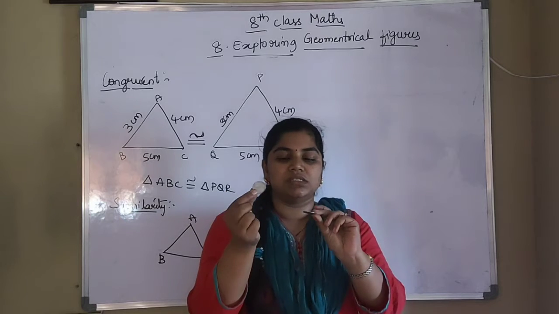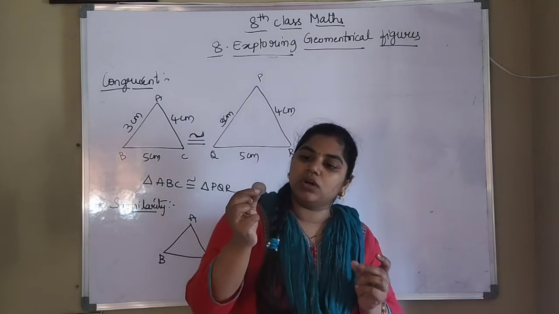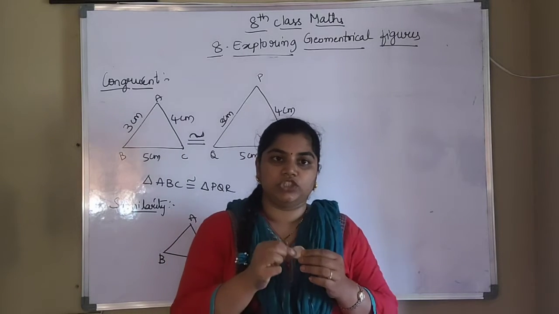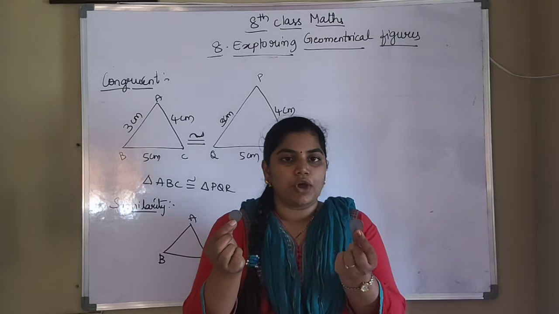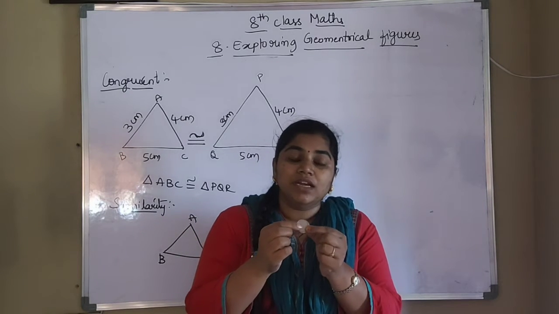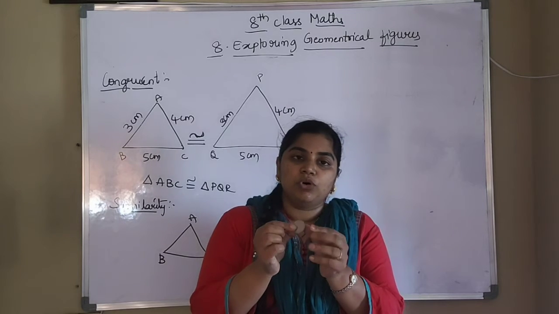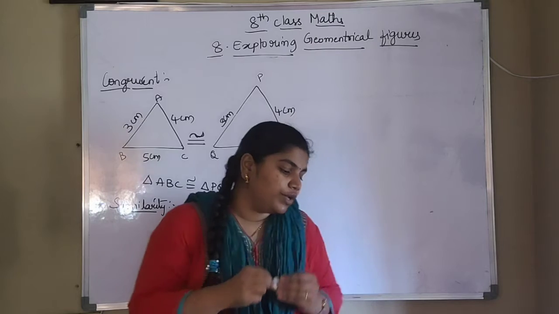This is small and this is big. These two coins are similar to each other because the 1 rupee coin is the small one and the 2 rupees coin is the bigger one, but the shape is the same.